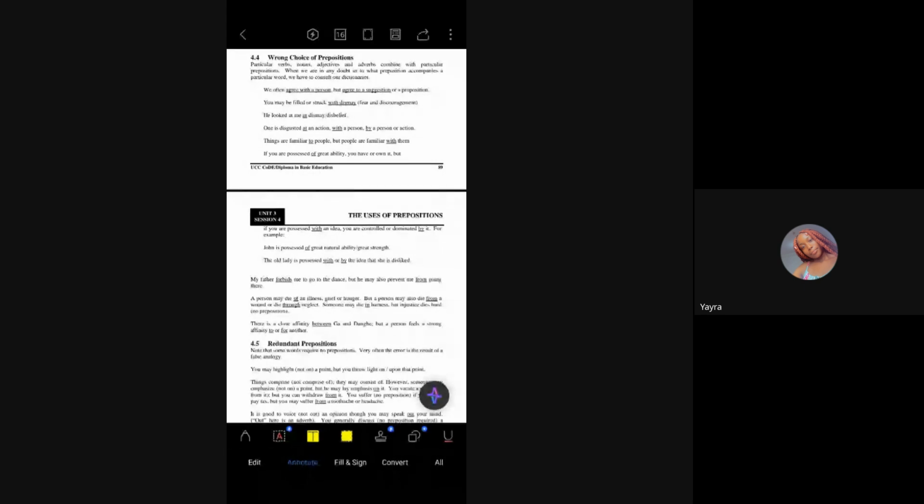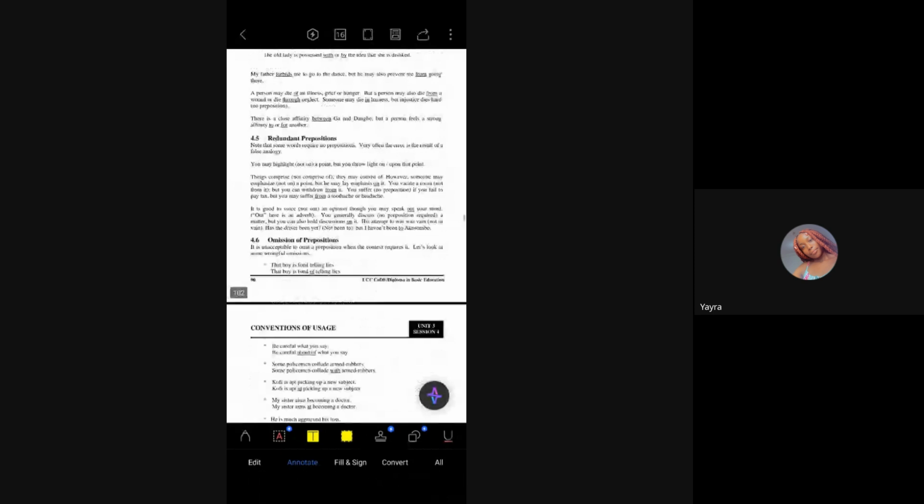So let's quickly go through the redundant prepositions. They are the words that require no preposition; it's not compulsory for you to bring any preposition to them. You highlight a point, but you don't highlight on a point.